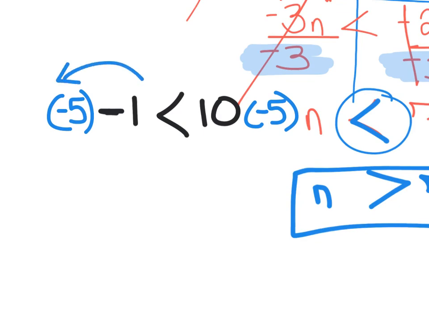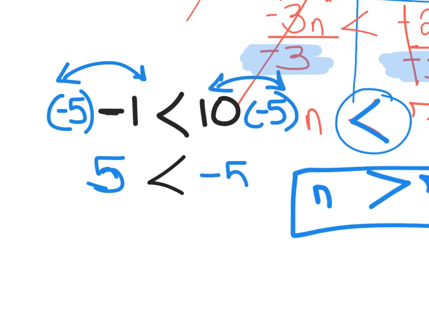So negative 5 times negative 1 is a positive 5. I originally started out with a less than symbol. 10 times negative 5 is negative 50. Now, at this point, this inequality is not true.